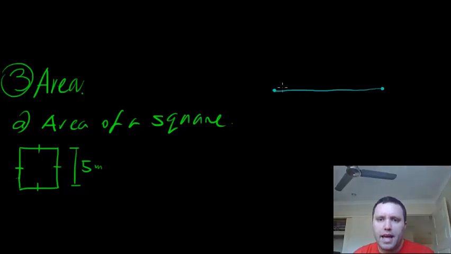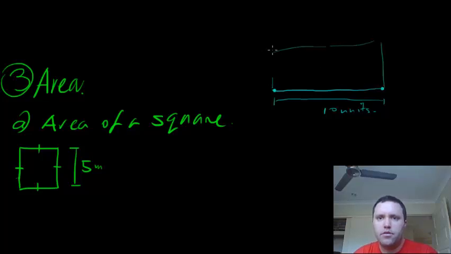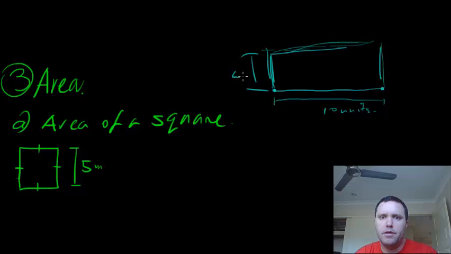So what happens if we project this line up? We could go along this line some amount of units, let's say 10 units, and then we project this whole line up, maybe 4 units.